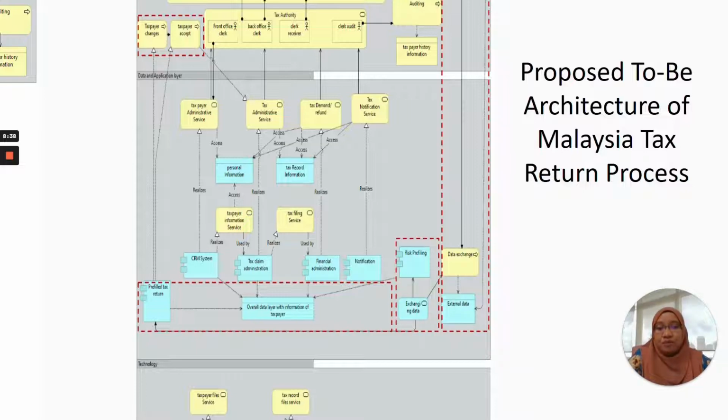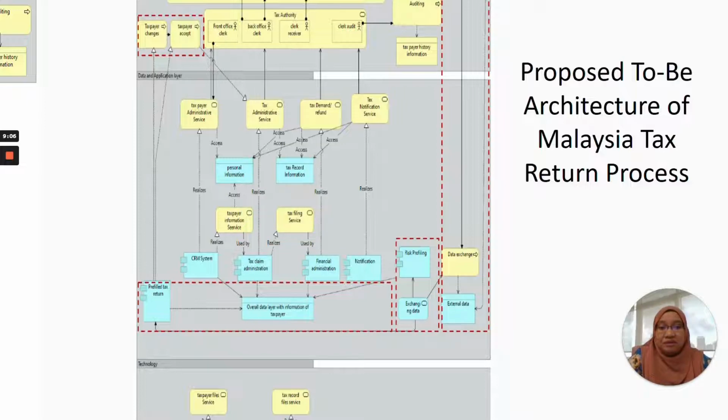And also, we suggest that they should have risk profiling. Before this, all the risk calculation was done in the business process. Since we want to emphasize the tax return and make the taxpayer happy, and at the same time ensure the system is secured, we suggest that the risk profiling should be done automatically and implemented in the IRB.